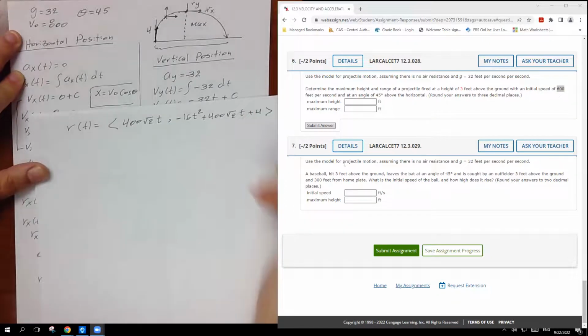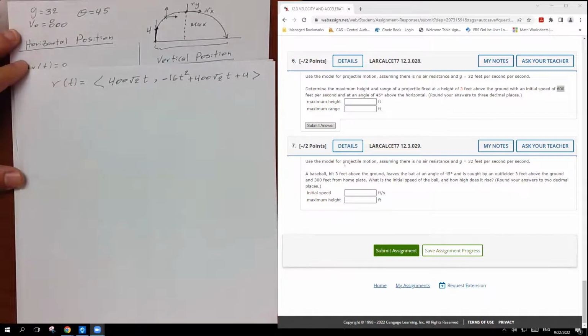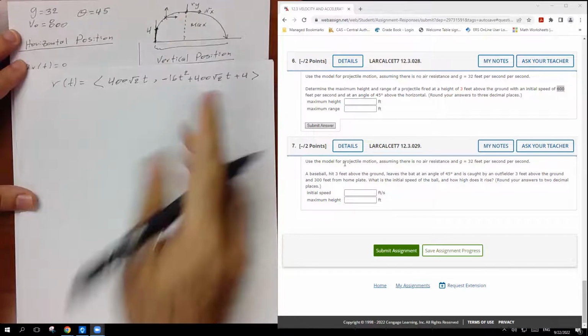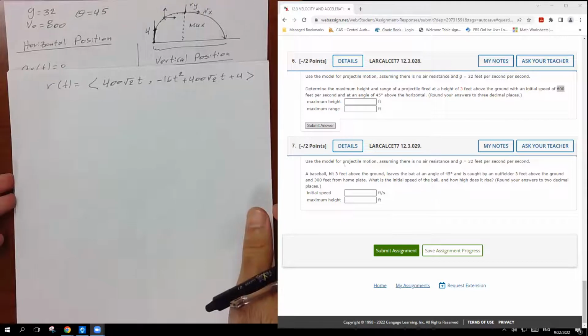I have the position vector, but I don't have the time. There's no time here to plug in to get the maximum height. So our goal now is to find the time.